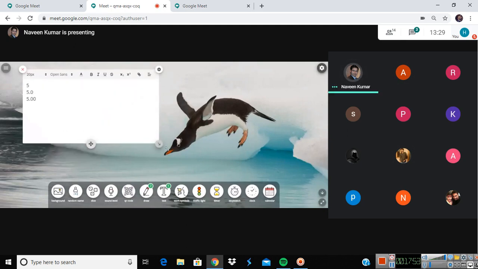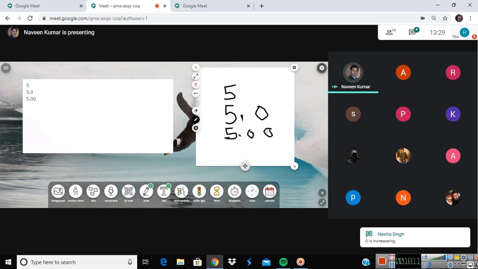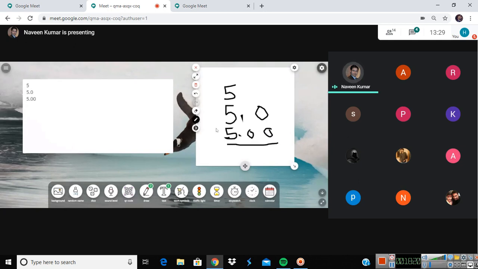Now see, the difference between them is that this is 5, this is 5.0, and this is 5.00. The difference between these 3 numbers is of the precision. 5.00 is more precise because the value is measured up to the second decimal point.